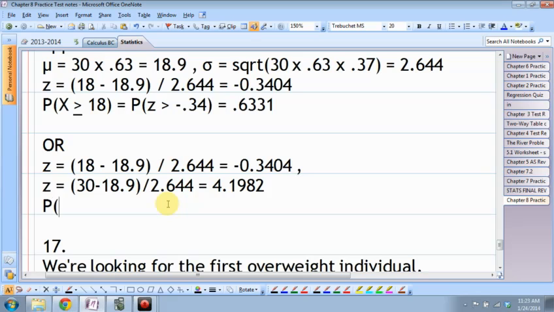And so the probability that x is between 18 and 30 would be the same thing as the probability that z is between negative 0.34 and 4.20.